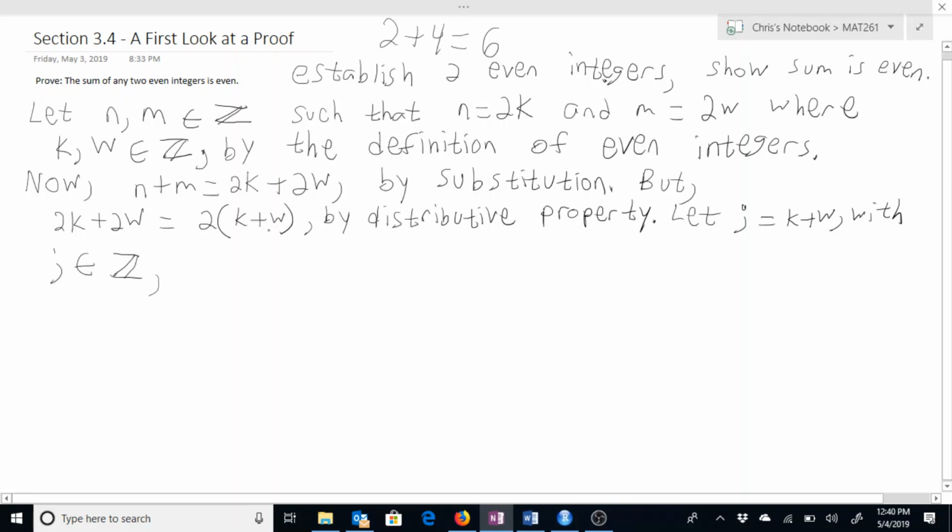Because since we're adding two integers, the sum of two integers is another integer, since the integers are indeed closed under addition.